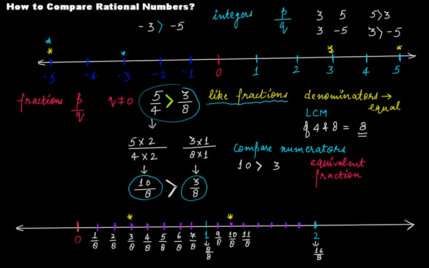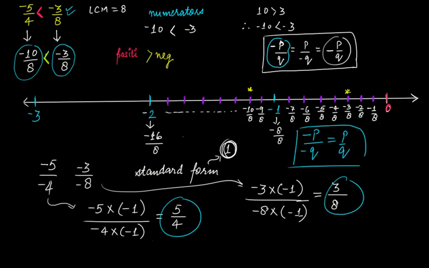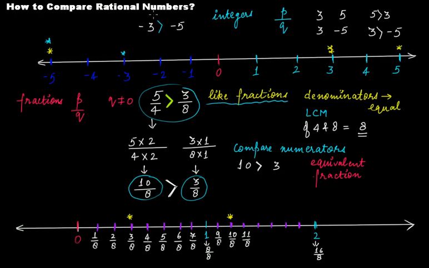The most important thing is to always remove the negative sign from the denominator, and the way to do it is to simply multiply by minus 1. You have to show this step in your examinations. That's really very important. So this was a large but detailed discussion of how to compare rational numbers.